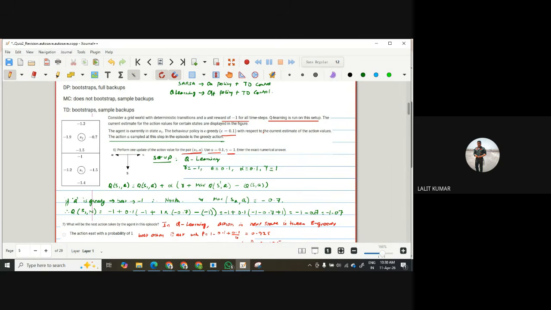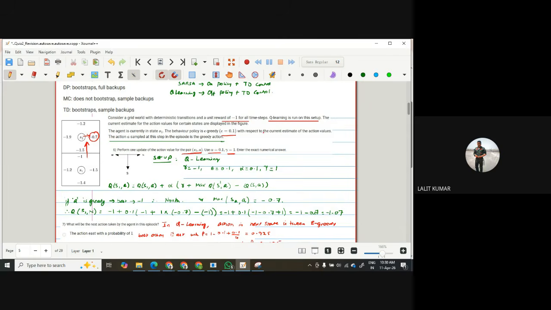Now from S1, A, it will go to S2. And what is the best action in S2? -0.7, because that is the max. Yes, sir, it will choose -0.7.